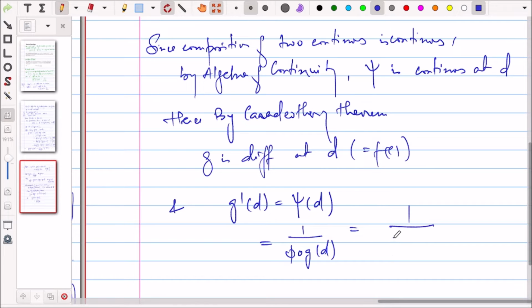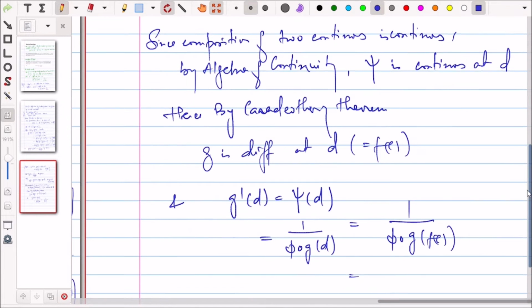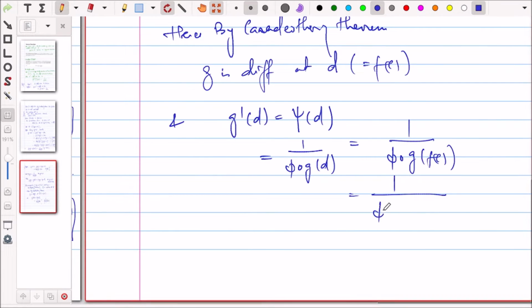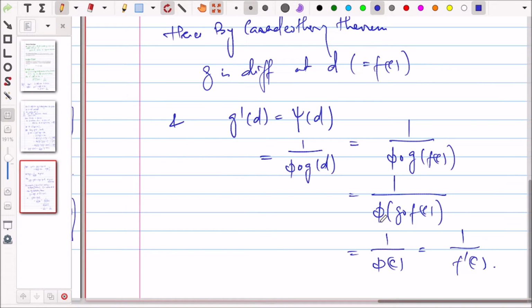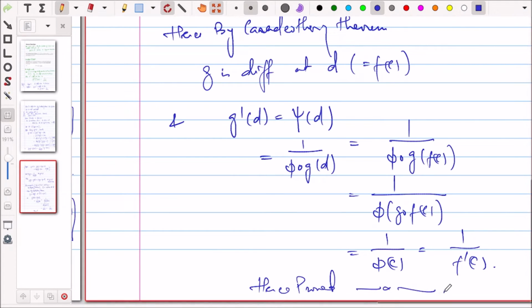So this is 1 by phi of g of fc, so this is 1 by phi c, and phi c is your f dash c. So hence g dash d is equal to 1 by f dash c. Hence proved. Is it fine?